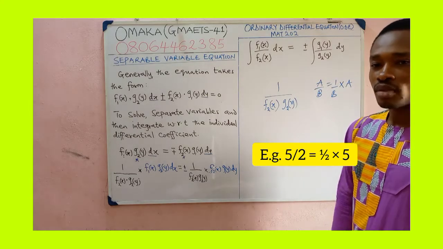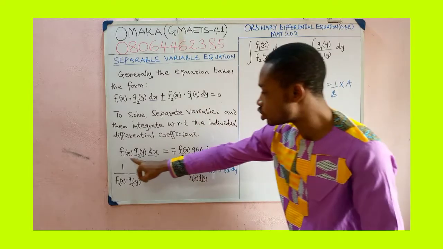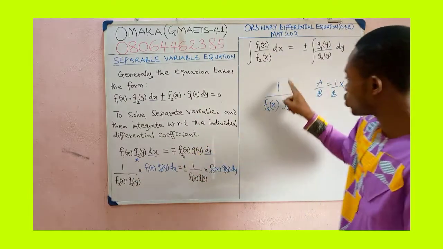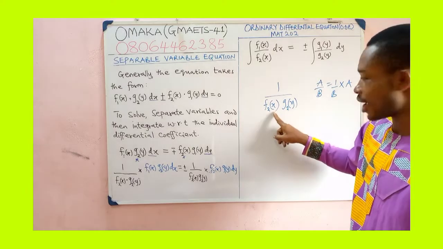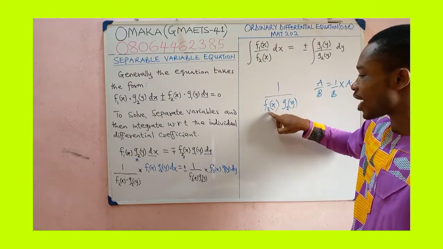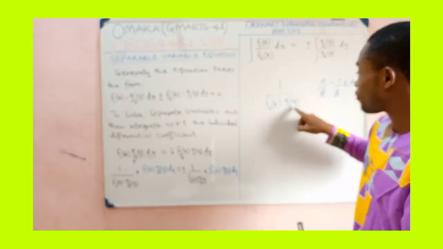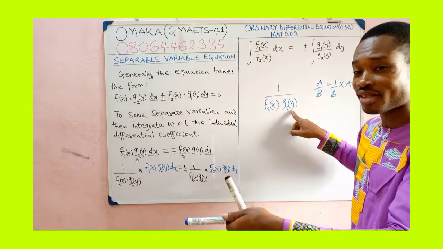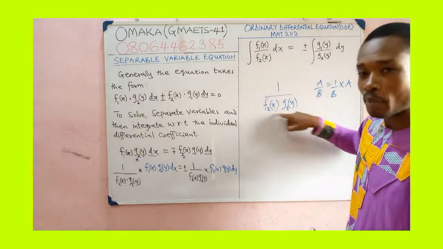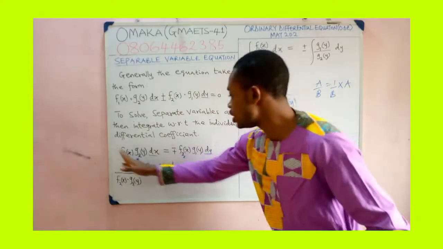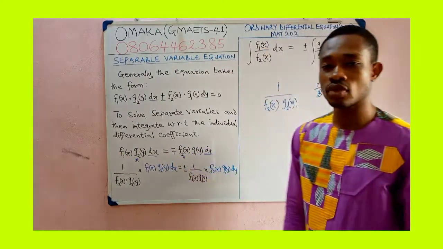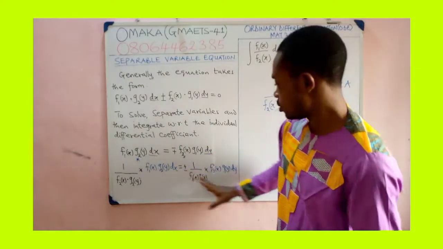Does that make sense? So all in all, what you do to this equation is simply to use 1 over f2x g2y. That is a function of x that you need to remove from y, and a function of y that you need to remove from x. Use 1 over their multiplication to multiply each of the terms. That's what you have here.